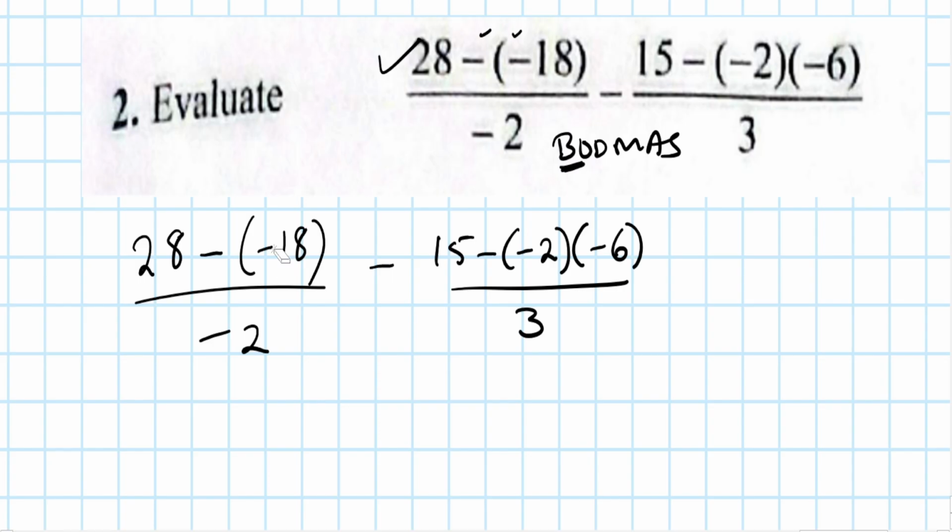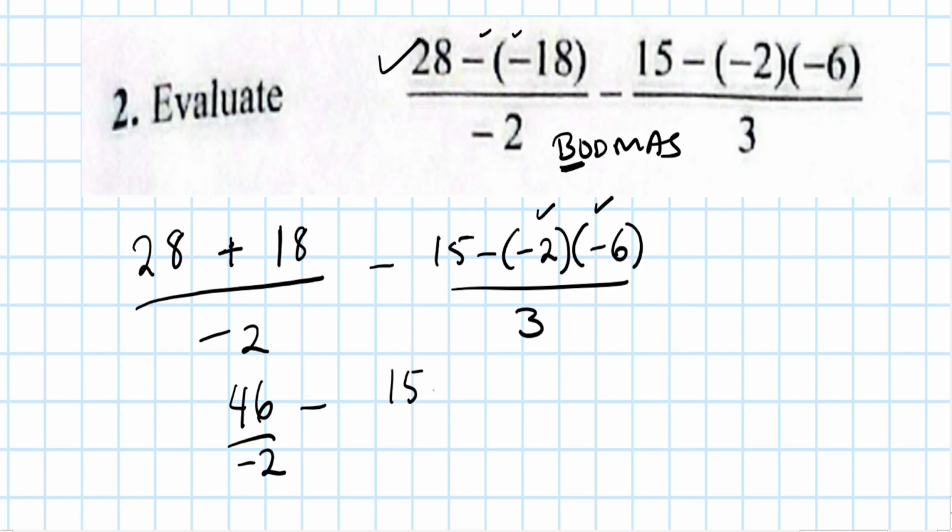So minus negative 18 will become plus. Minus becomes plus 18. So 28 plus 18 will give you 46. Okay, 46 divided by negative 2, minus 15 minus, there's also another bracket here, negative 2 times negative 6. Negative 2 times negative 6 will give you plus 12.